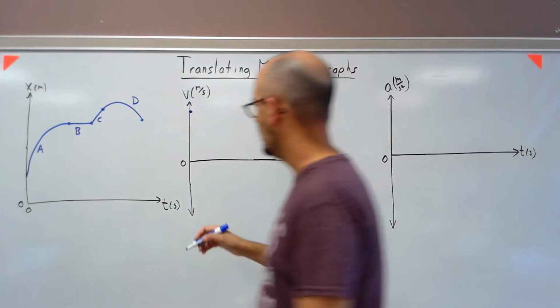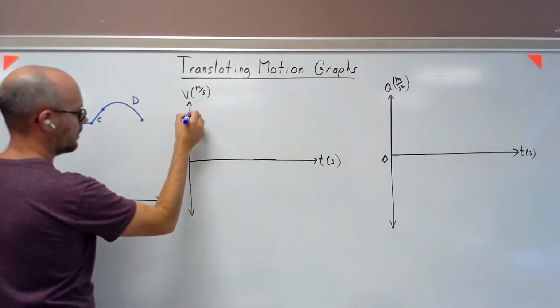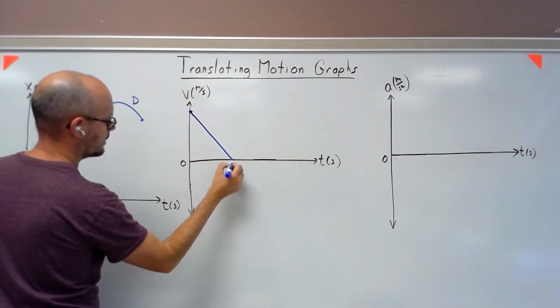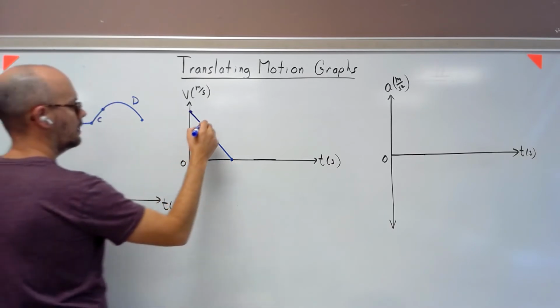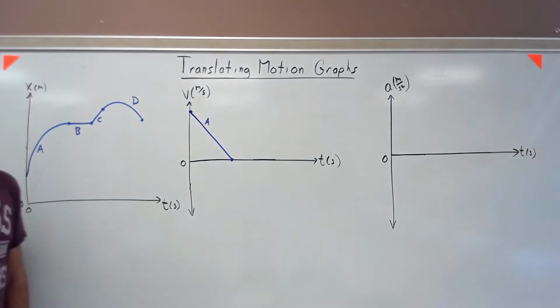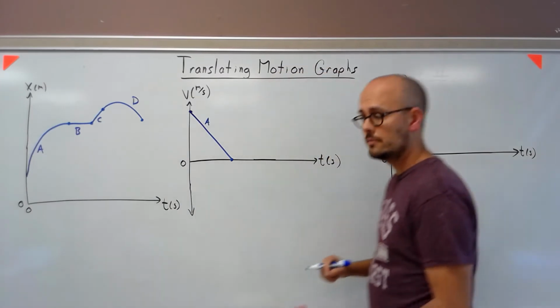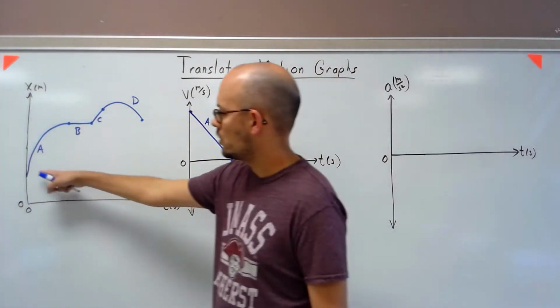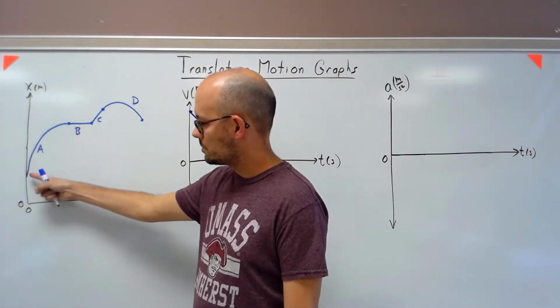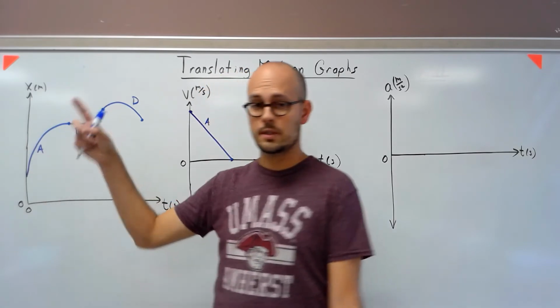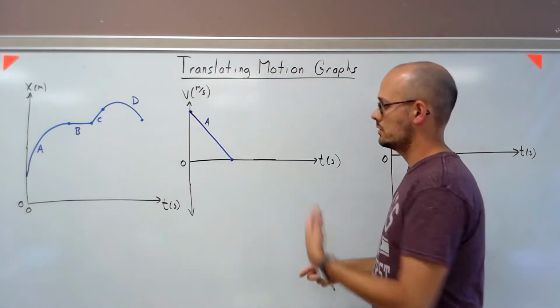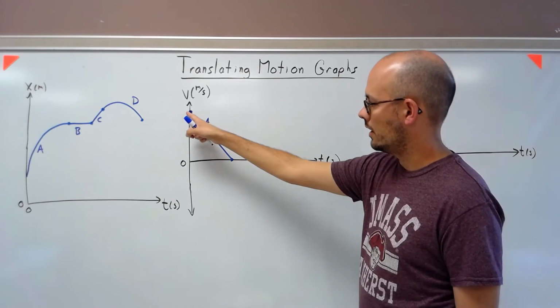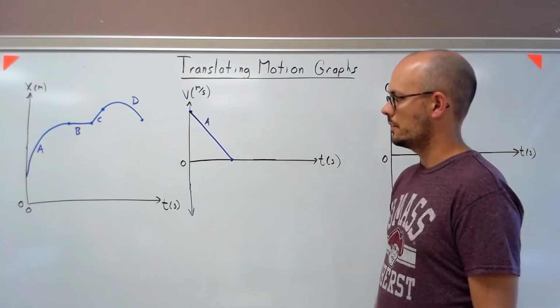So I can say that line A, with pretty good confidence, is going to start anywhere up high, and it's going to end flat. And so that's my first translation, is to take this curved position line and say, well, it goes from a very positive slope to essentially a slope of 0. And so I can do a large positive value down to 0.